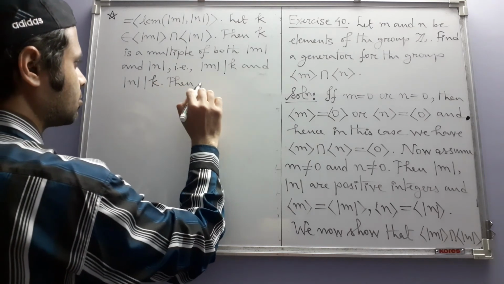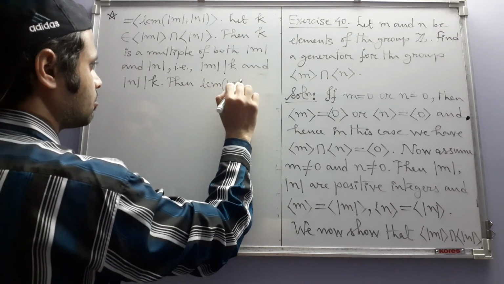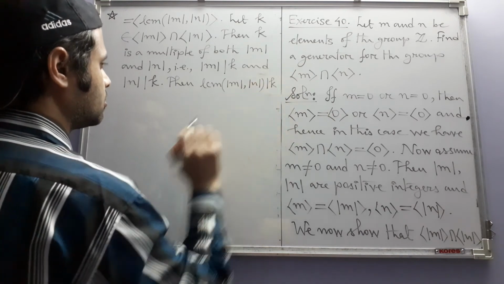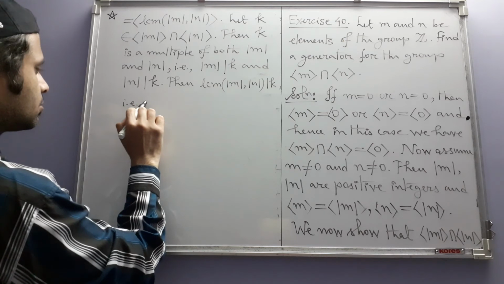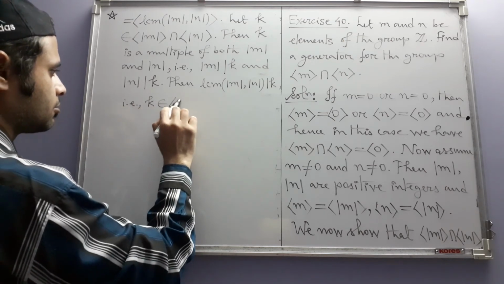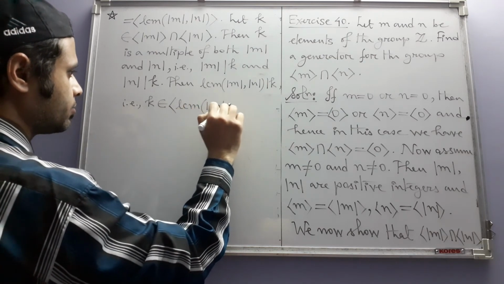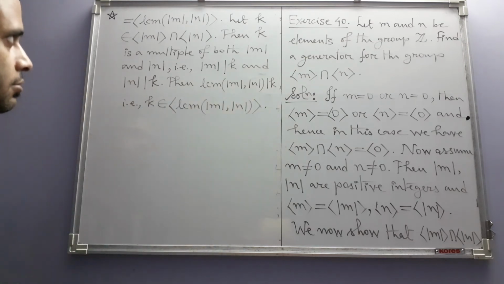Then the LCM divides k, that is, k belongs to the cyclic subgroup generated by the LCM.